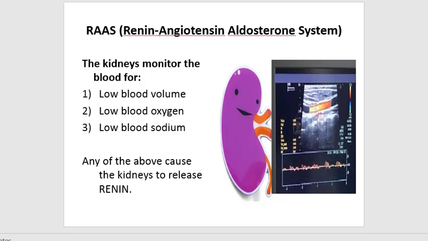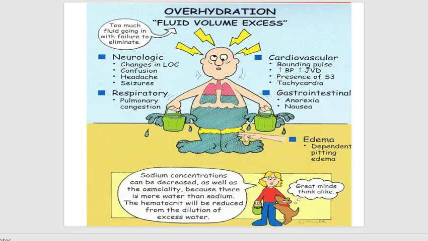And when it holds on to fluid, then we get into the fluid volume overload. And we have a wicked cycle going on because not only are the kidneys holding on to fluid, but then you also have where the heart can't pump it correctly, so it just backs up, and then the kidneys hold on to more, and it backs up. So that's why we give patients like that diuretics.